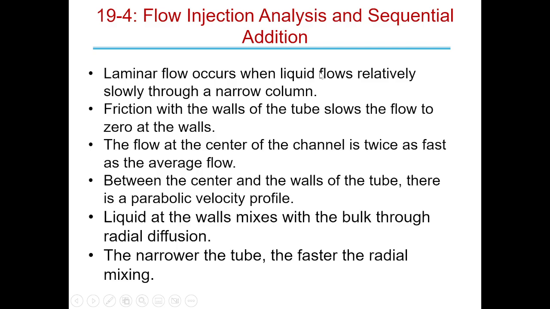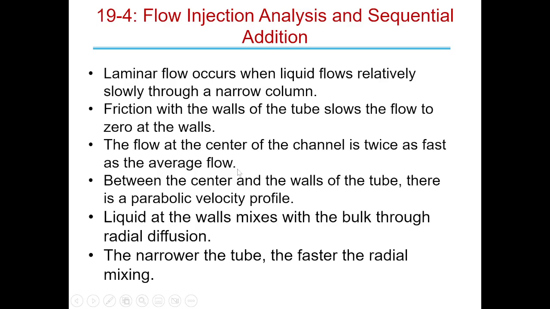Okay, so when you talk about liquid flows, there's something called a laminar flow. This occurs when your liquid flows relatively slowly through a narrow column. The friction with the walls of the tube slows the flow to 0 at the walls. So you actually don't have flow at the walls. It ends up getting bumped and picked up later, but at the walls, you don't have flowing liquid.